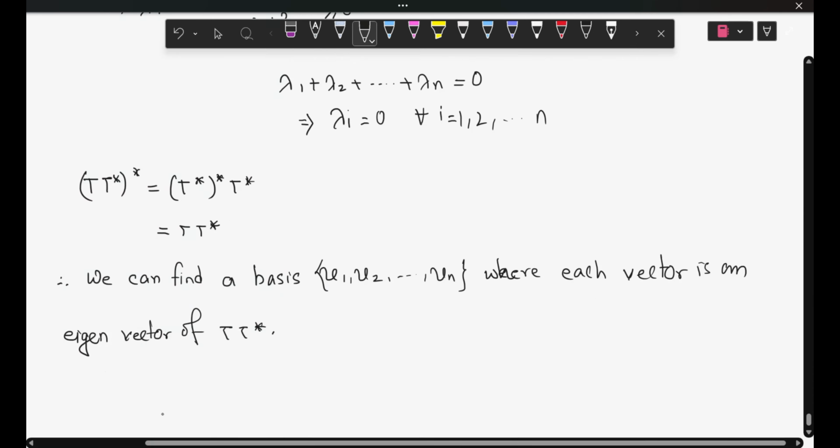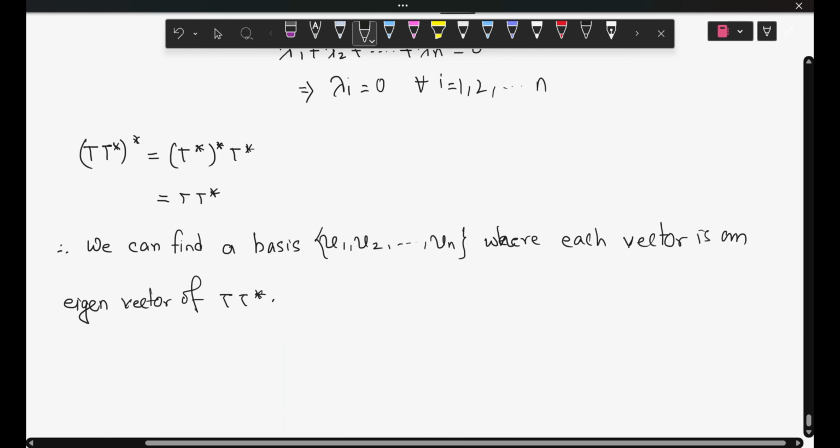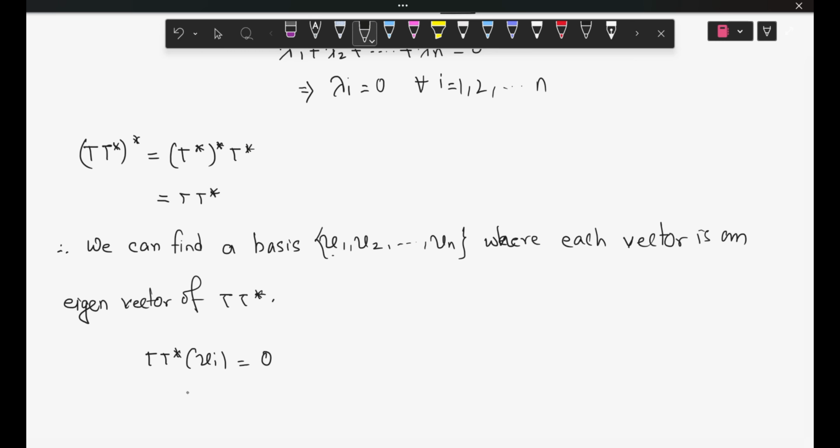Now since each eigenvalue is 0, I can write T star of vi equal to lambda times vi. As lambda is equal to 0, this is equal to 0, so it takes each element of the basis to 0. Now if you take any arbitrary vector v, then v can be written as the linear combination c1 v1 plus c2 v2 up to cn vn.